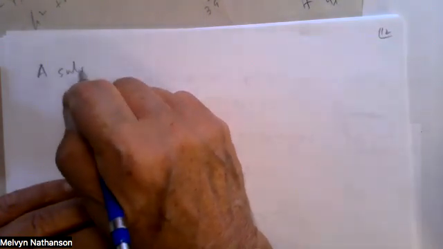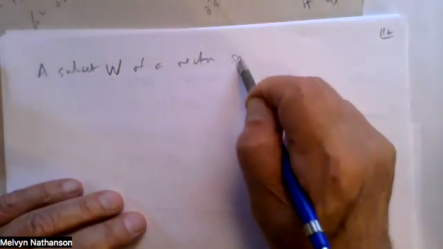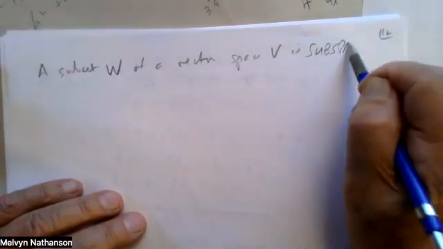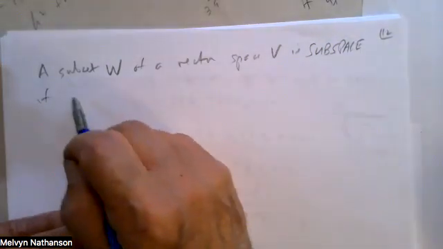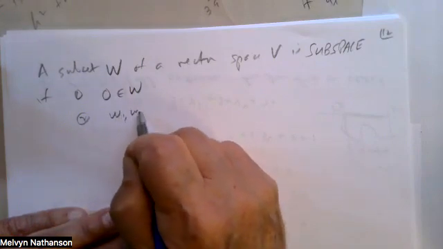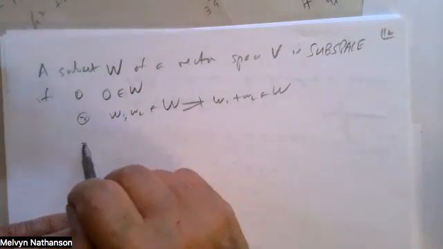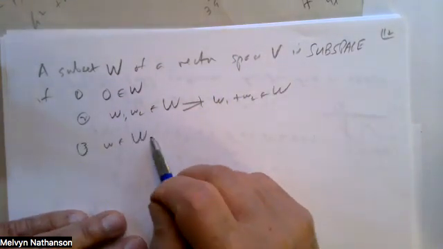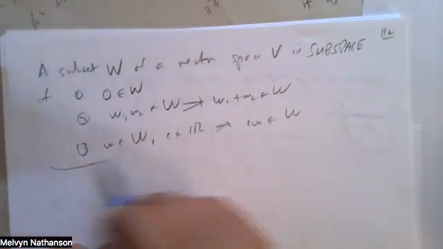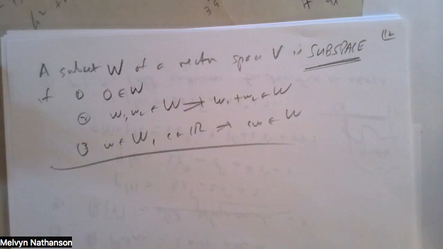A subset W of a vector space V is called a subspace if, first of all, the zero vector is in W. Whenever W1 and W2 are in W, then the sum is in W. And whenever W is a vector in this subspace and C is a scalar, then C times W is in W. It's exactly how we defined the subspace of Rn.